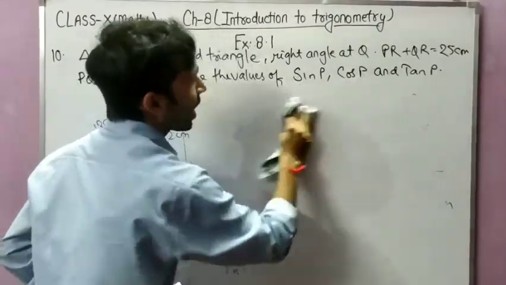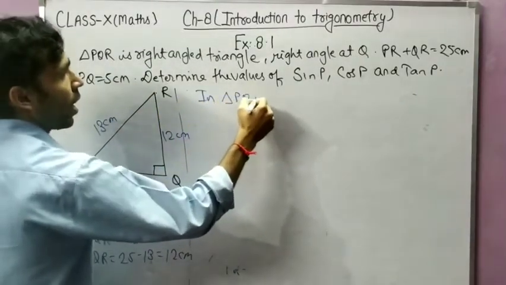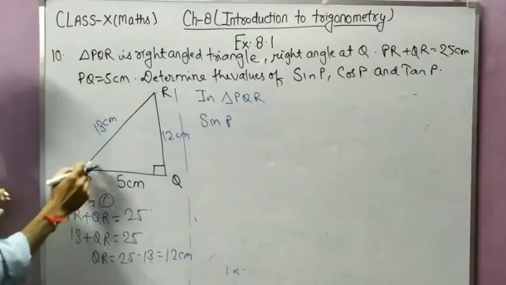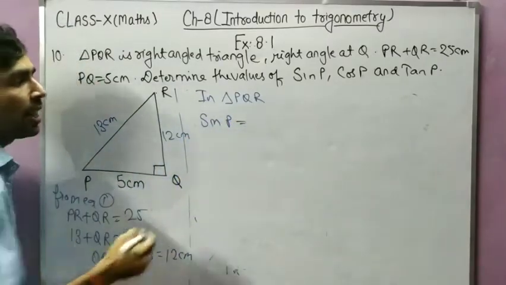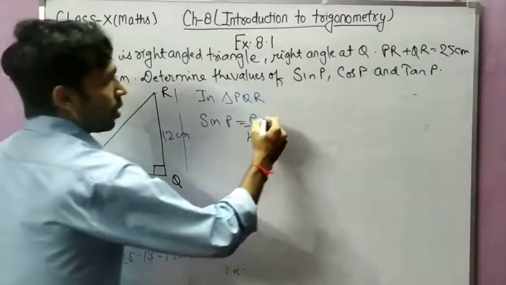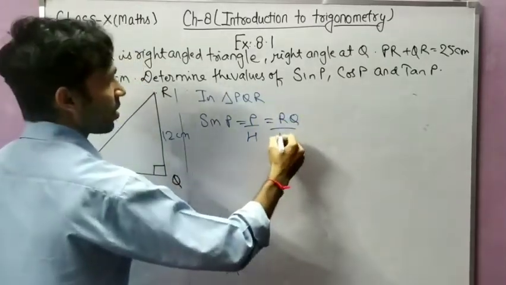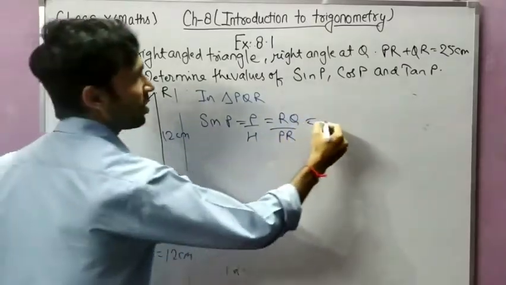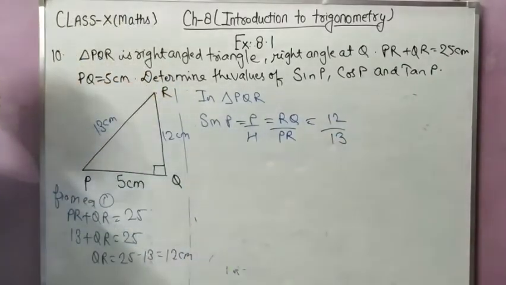So for the acute angle P, see student, in triangle PQR, we have to apply sin P. For this angle, we know sin theta equals perpendicular upon hypotenuse, and for P the perpendicular will be RQ and the hypotenuse will be PR. Okay? So RQ is 12 and PR is 13. So sin P will be equal to 12 by 13.